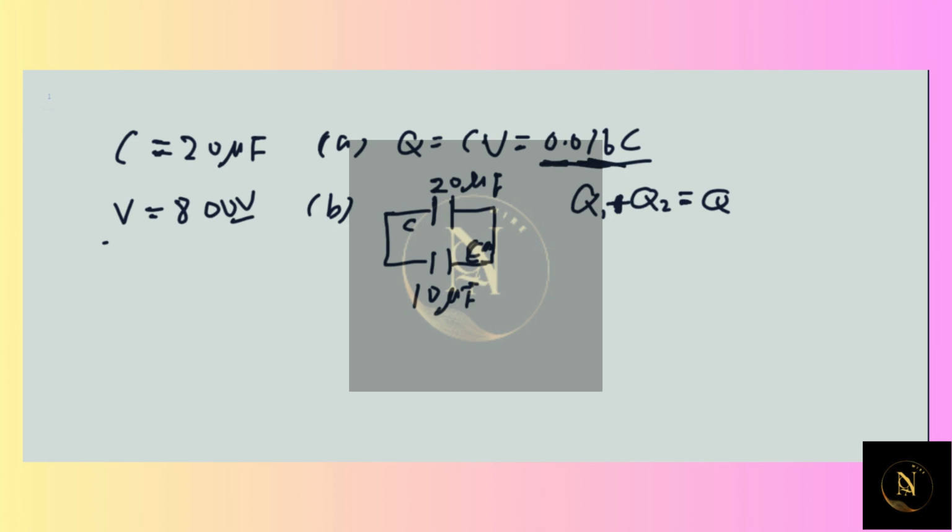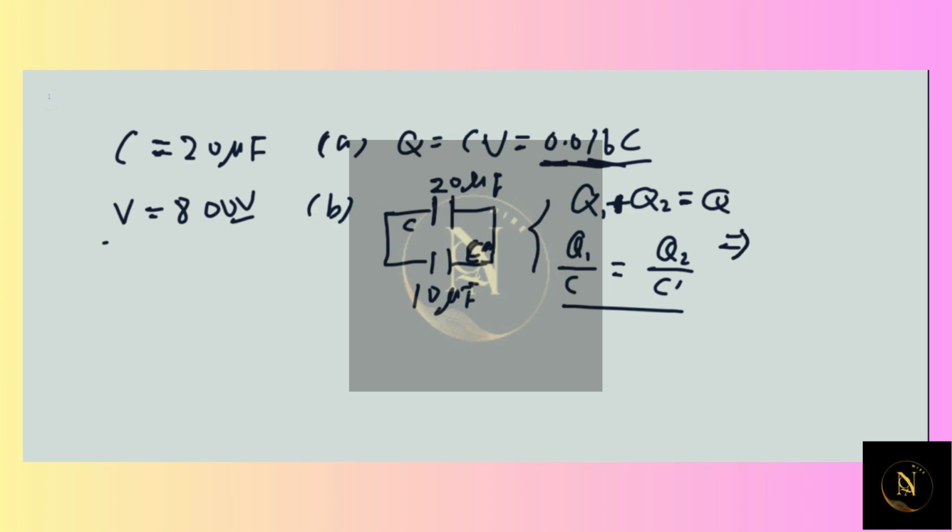And we also know that because these two are now connected in parallel, the potential difference over the two capacitors is the same. So we can list another equation, Q1 over C equal Q2 over C prime, right? So by plugging the values for C and C prime into this expression, you can solve for Q1 and Q2.